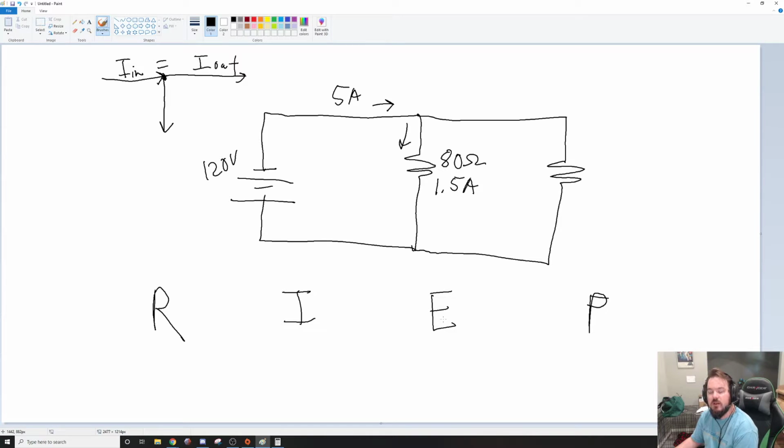In parallel, they swap. Voltage is the same on all parallel legs. So this leg has 120 volts, and this leg has 120 volts. A good example of parallel circuits that you're used to dealing with is all the receptacles in your house are parallel with each other.